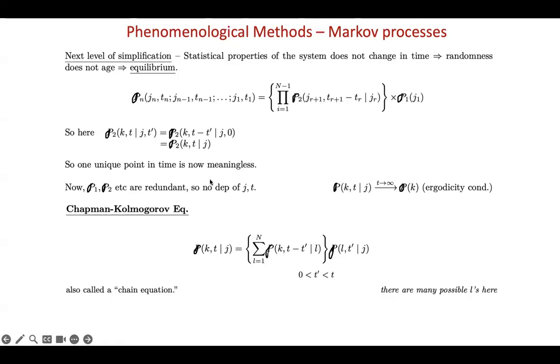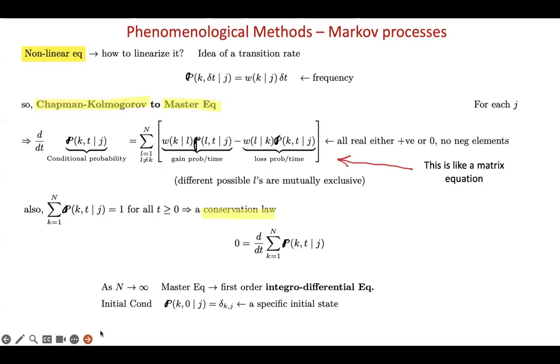Let me stop here now. We have had a long period already. So what I want to actually take you to is that this Chapman-Kolmogorov equation itself lends itself to something called the master equation. And this master equation is widely used in statistical mechanics.